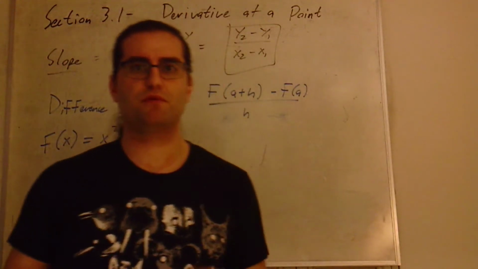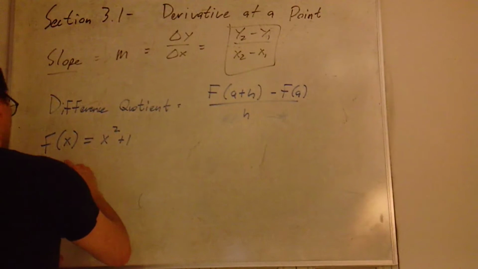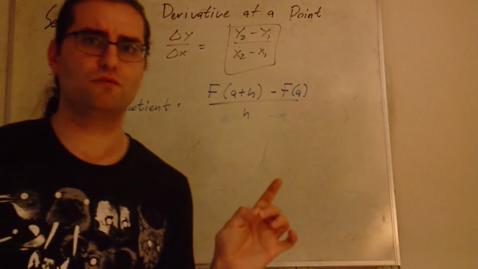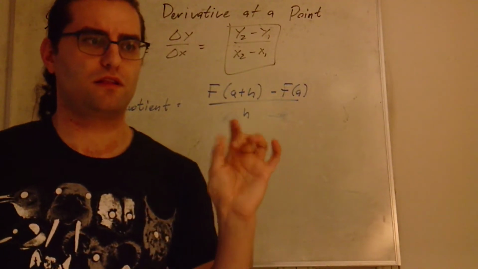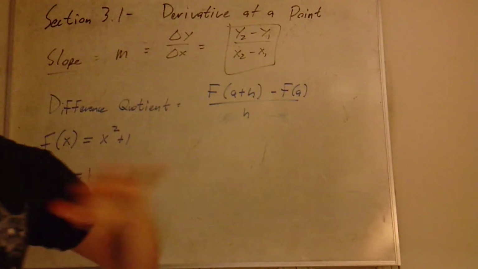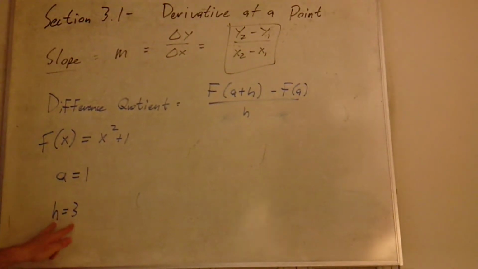In the first example, I used x equals 1, so that'll be my A. And h was 3, because my second point was 4, which created an h value of 3.